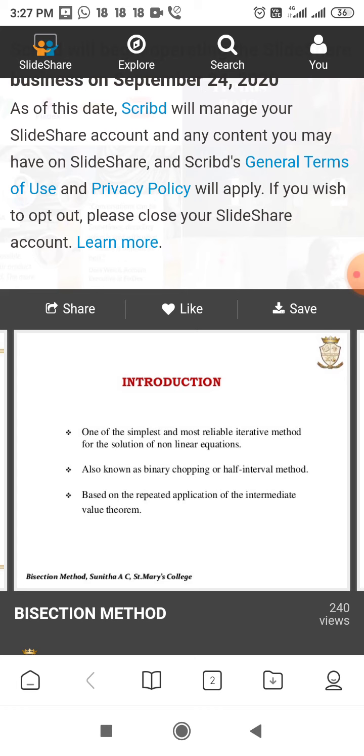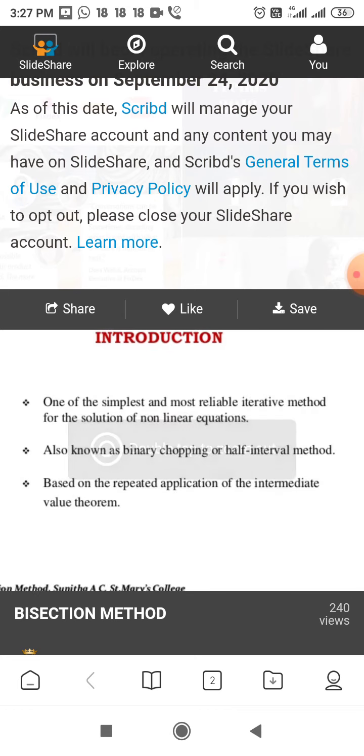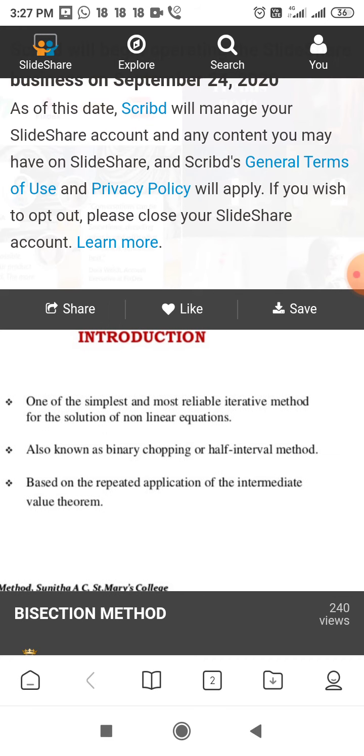One of the simplest and most reliable iterative methods for the solution of an equation is the bisection method, also known as the binary chopping or half interval method, based on the repeated application of the intermediate value theorem.